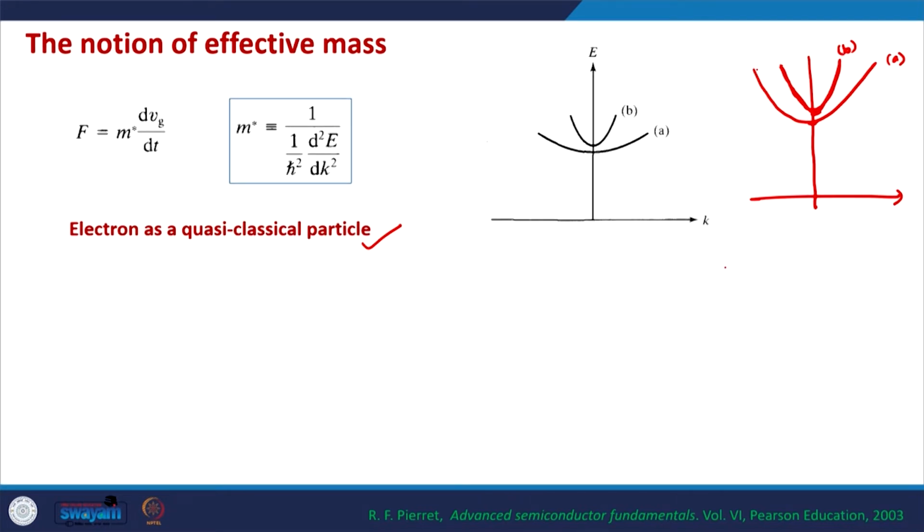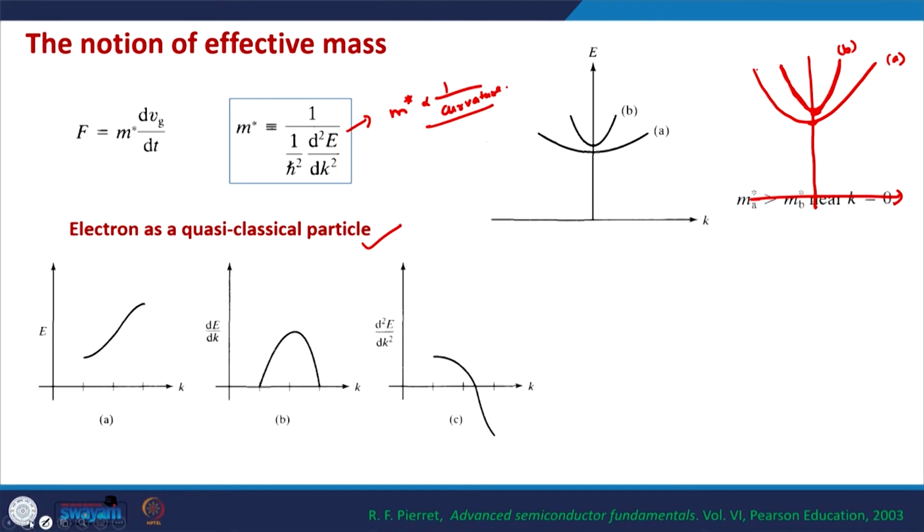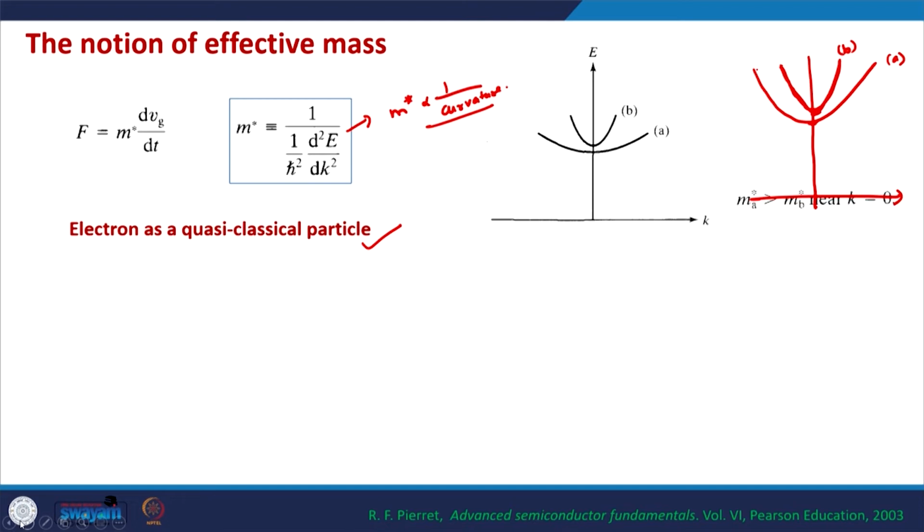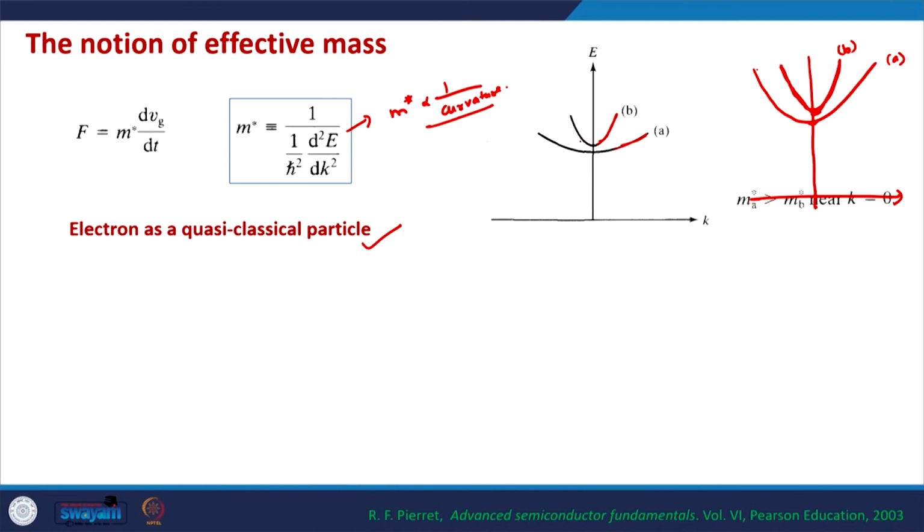we see from this equation that m star is inversely proportional to the curvature. And as you might have already guessed, the curvature of plot A is less as compared to the curvature of plot B. Plot B has more curvature, and that can be mathematically deduced as well if we have the exact relationship between E and K for these two bands.